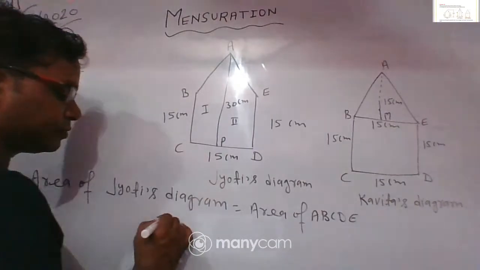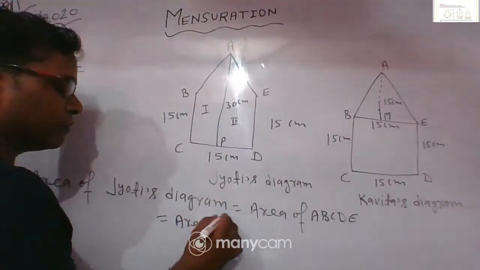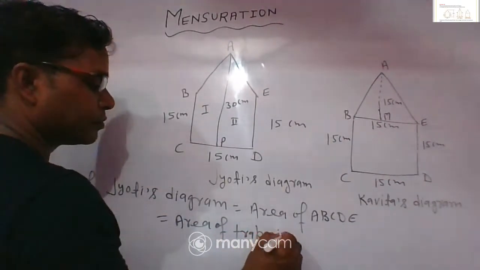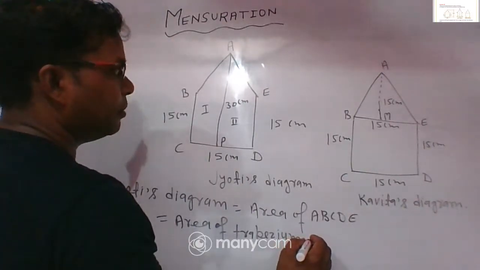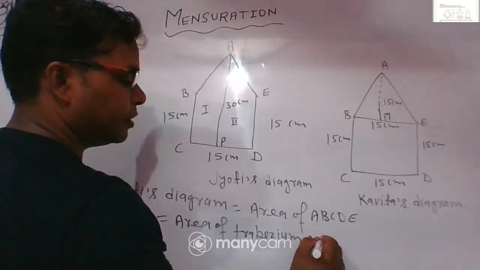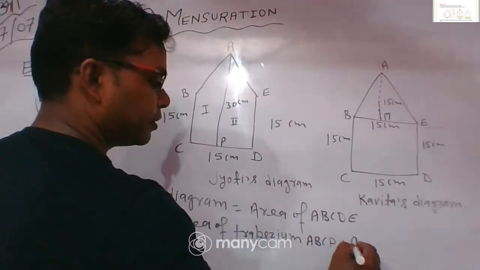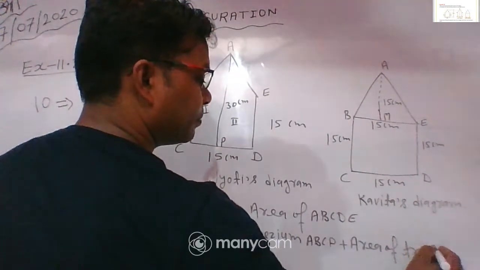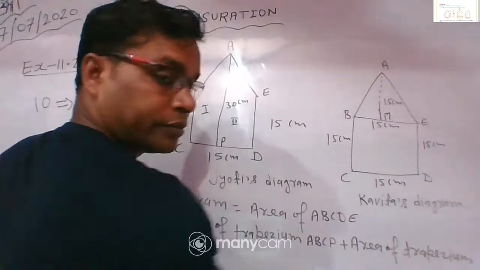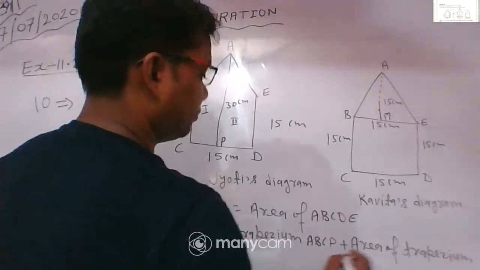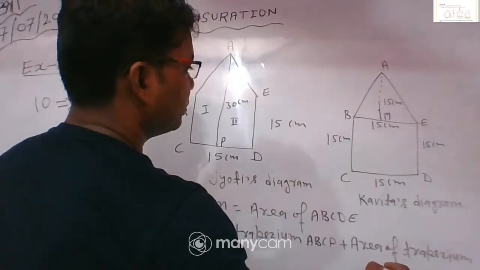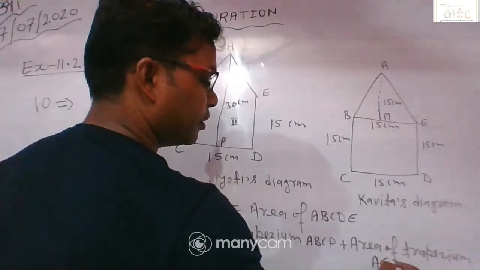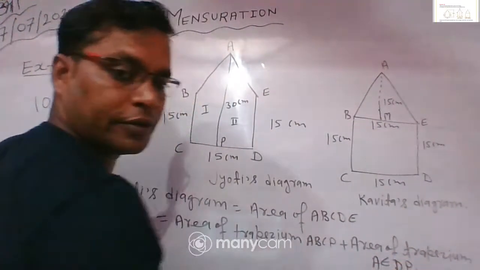This is equal to area of trapezium ABCP plus area of trapezium AEDP.